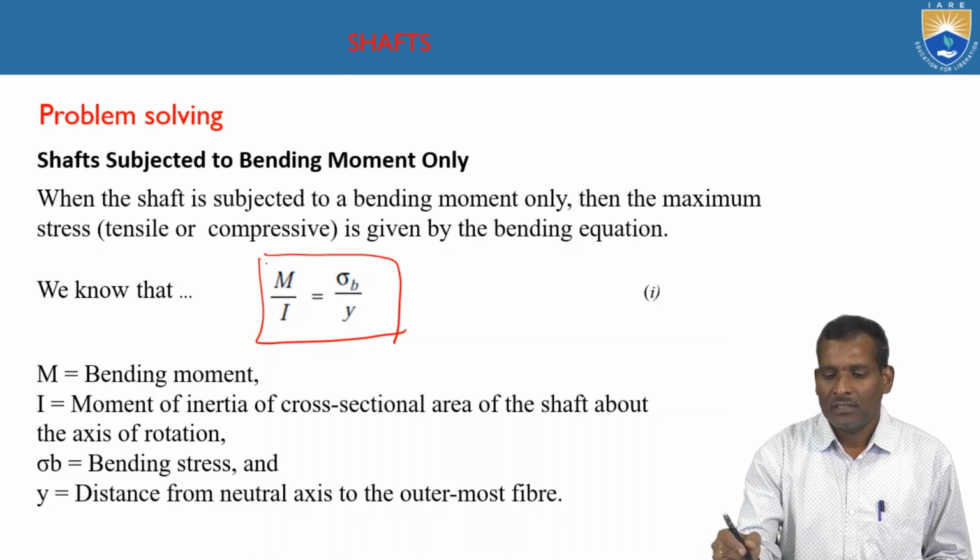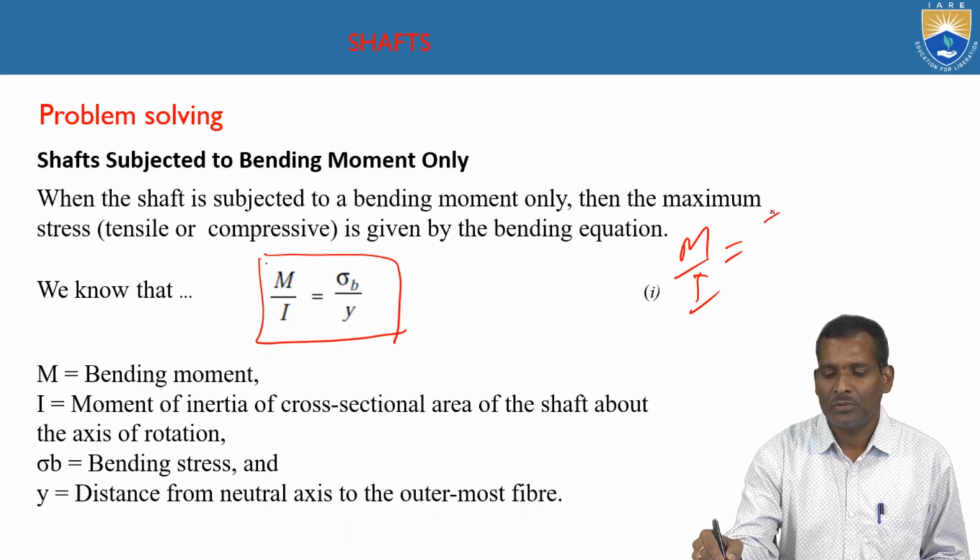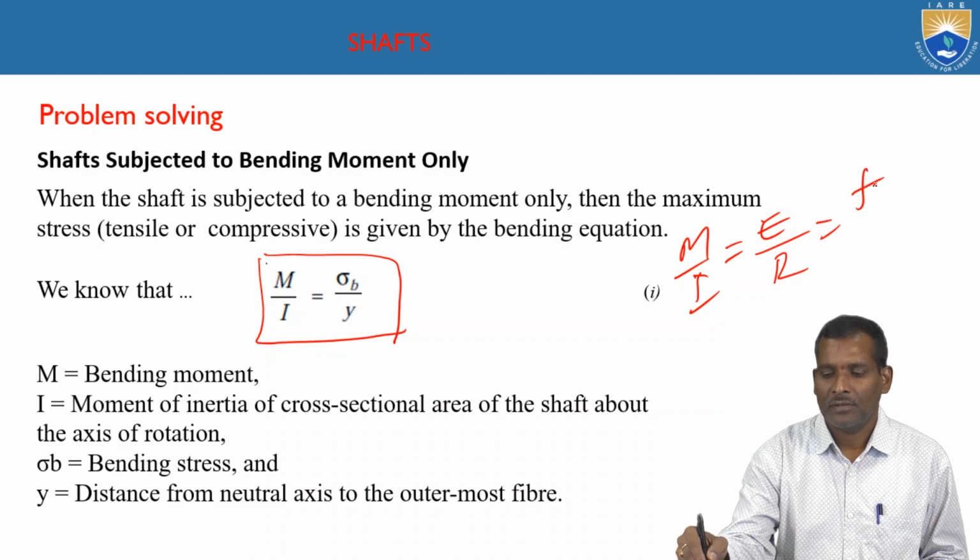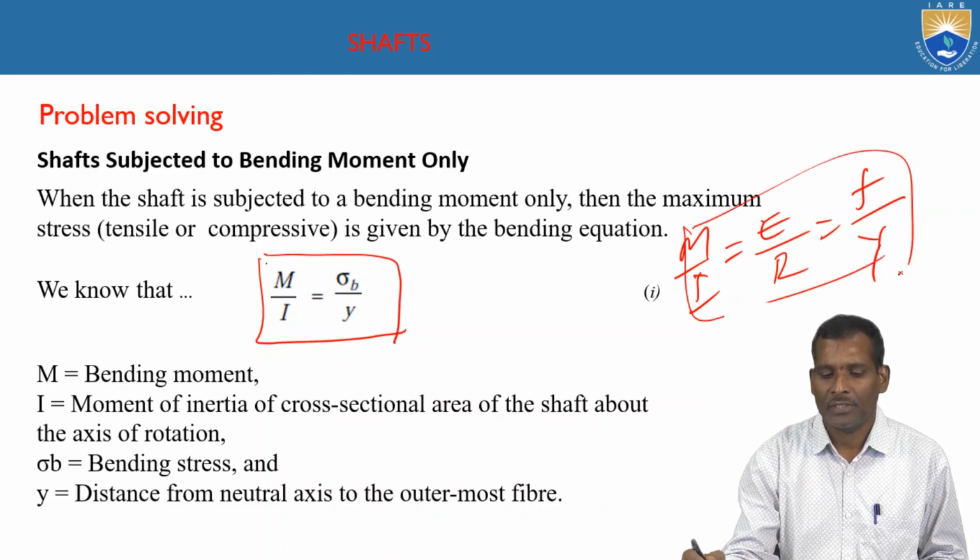This equation comes from M by I is equal to E by R is equal to F by Y. This is the bending equation.